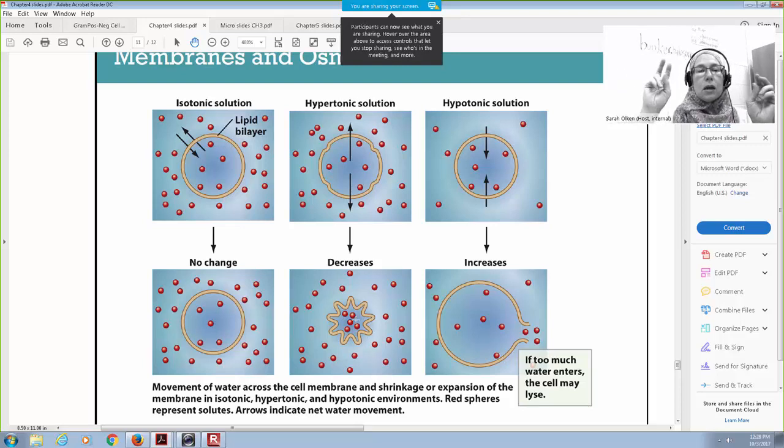It fools or tricks the conditions, tipping them in the bacteria's favor, so that there's no longer a shriveling of the cell because there's no movement, or very, very slow movement, of the water out of the cell.